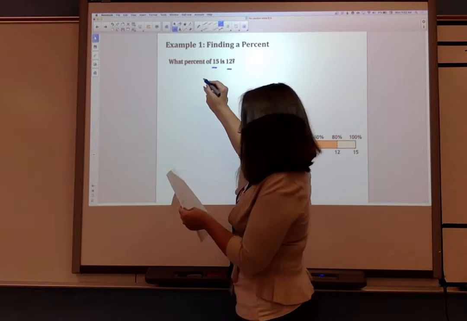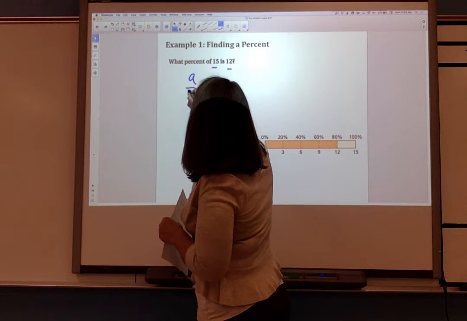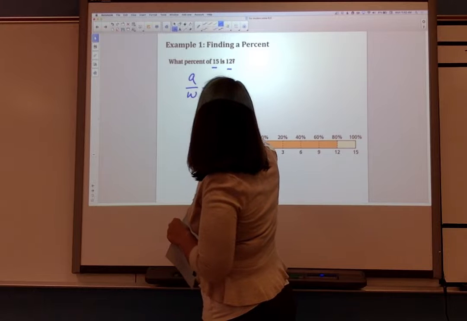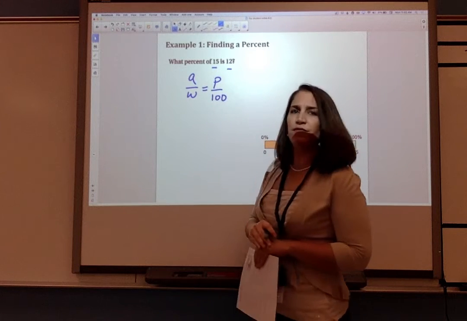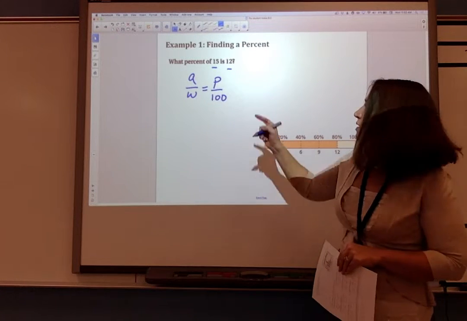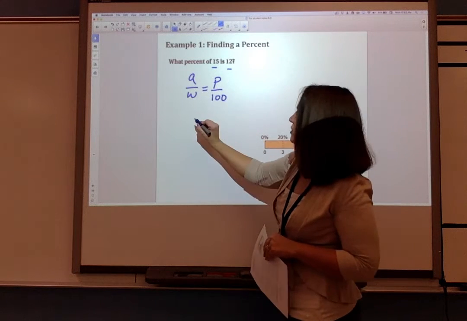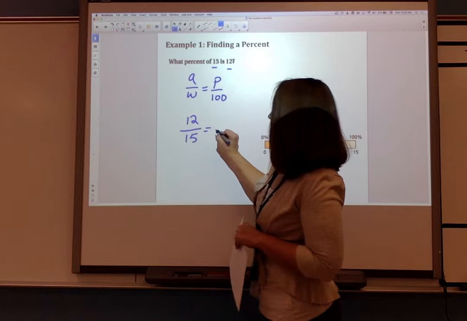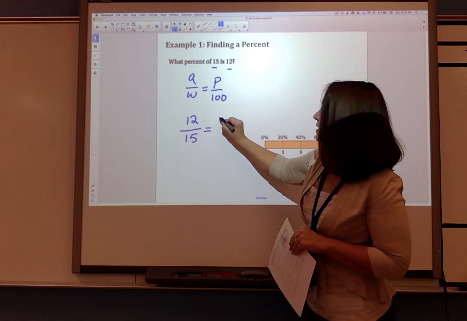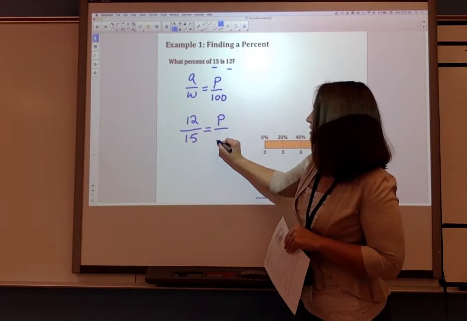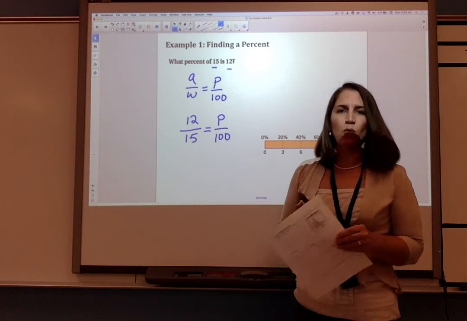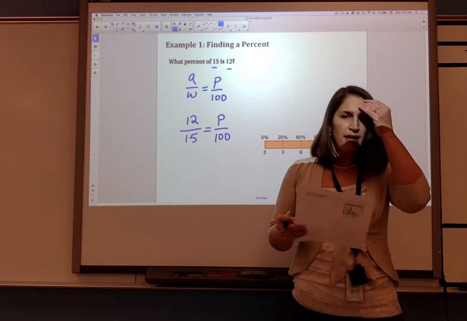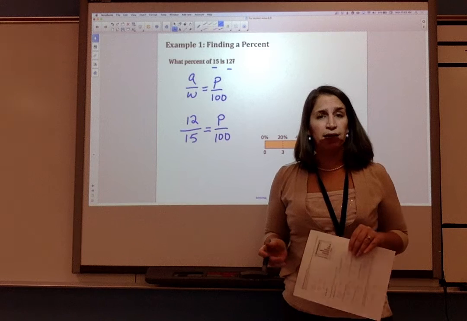So as we're looking at this, we're going to set up A over W equals P over 100, and now we're going to fill in the parts that we know. So we have the part, which is 12, and the whole, which is 15, and what we're solving for is the percent. So we're going to leave this as P over 100. Now, we can solve this in a variety of ways.